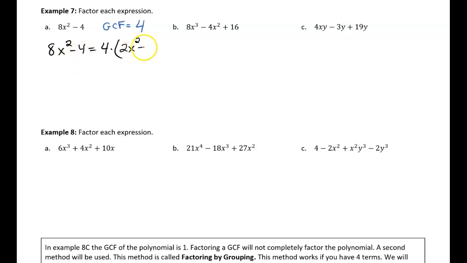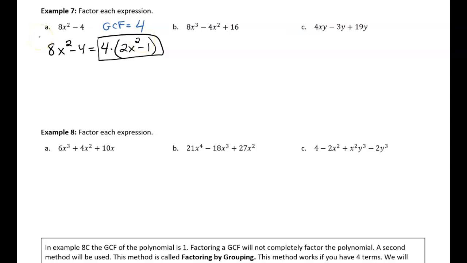Then the minus 4, so we're undoing that multiplication, so I'm going to divide 4 by 4, that gives me the 1. Of course, the subtraction goes along with it. So there is my factorization. Can I do anything else with the 2x squared minus 1? For now, there's no other values in common, so that's where our answer stops.